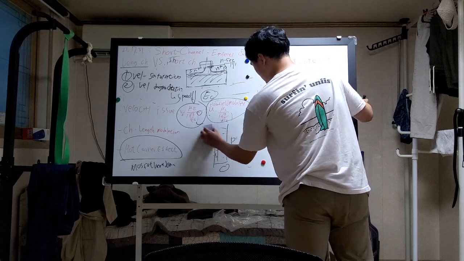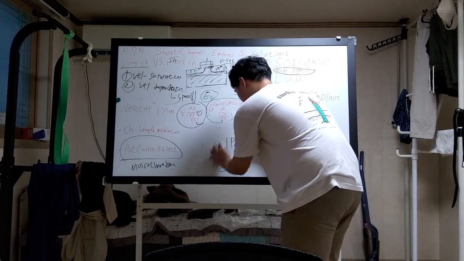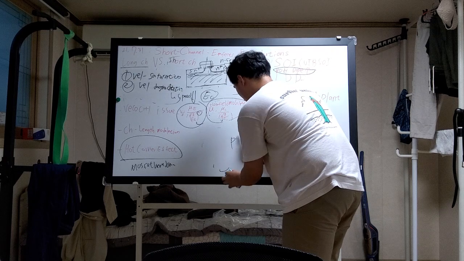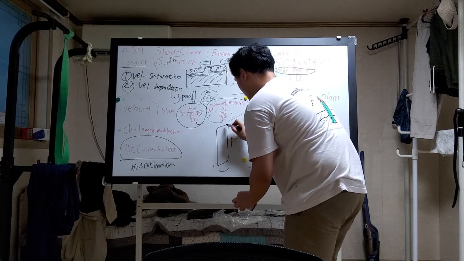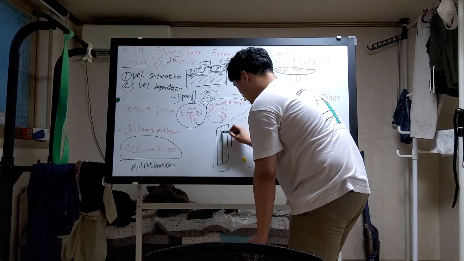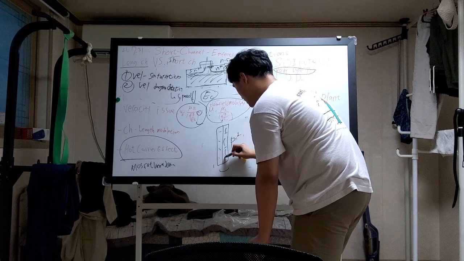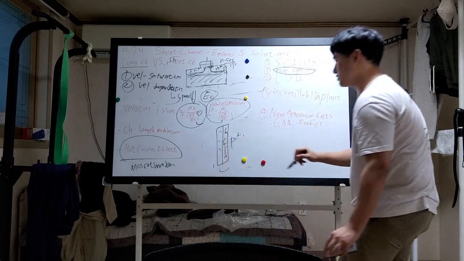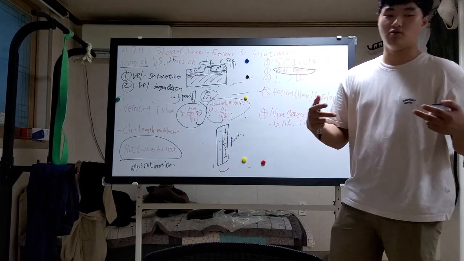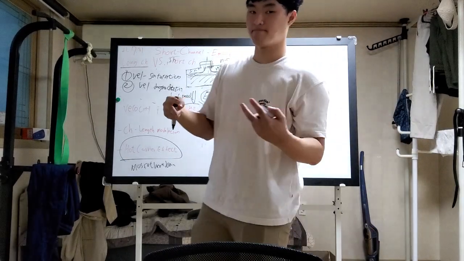So if we have the same or more heavily doped P-type substrate, then maybe from the previous case, the depletion ratio will be down. It's good, but it also has a problem.